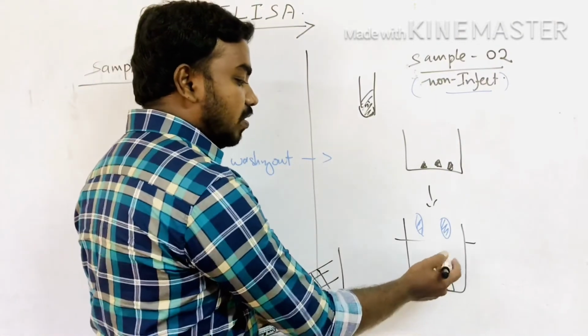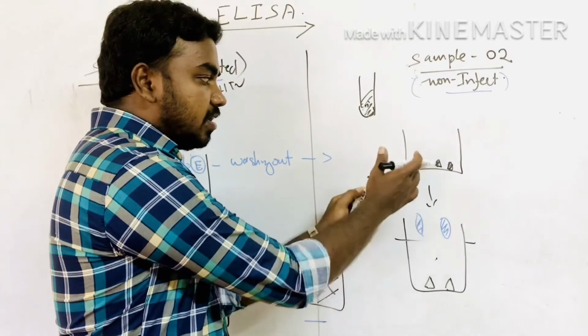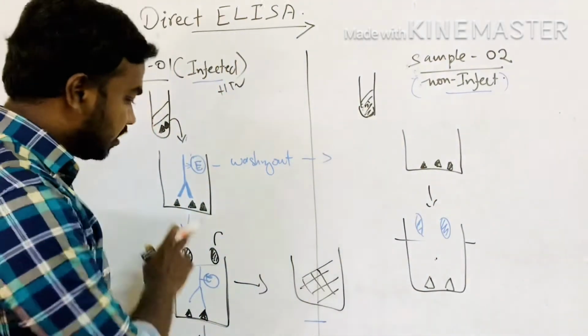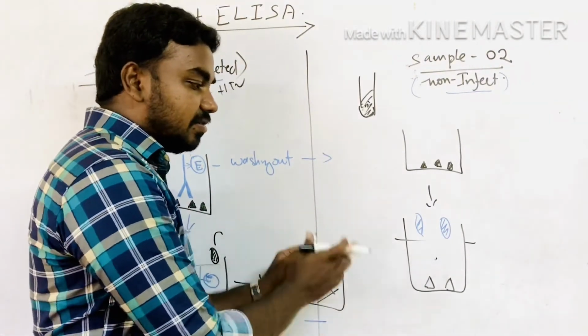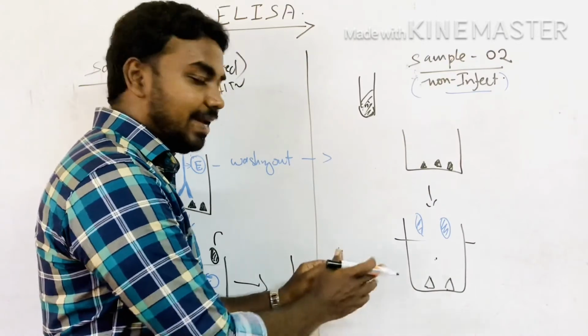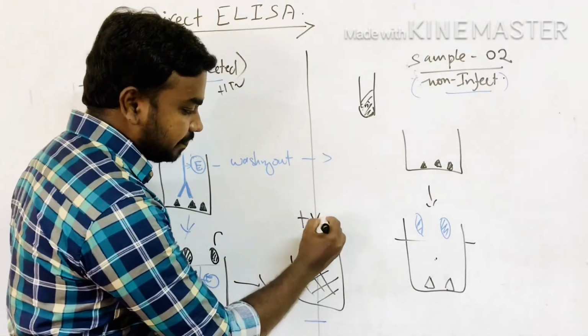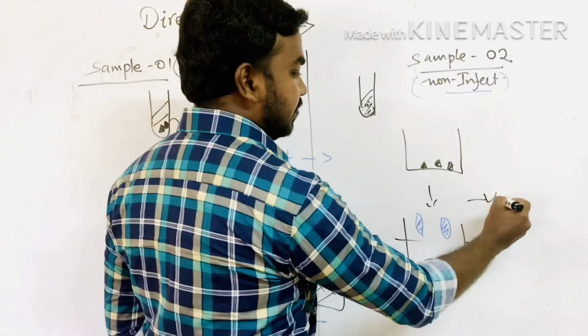Here we won't get any kind of color product because there is no antibody conjugated with enzymes. There is nothing in this well, but here it's reacted. So that is the difference between a positive sample and a negative sample. If you get a color product, we say that is positive. If you don't get any color product, we say that is negative.